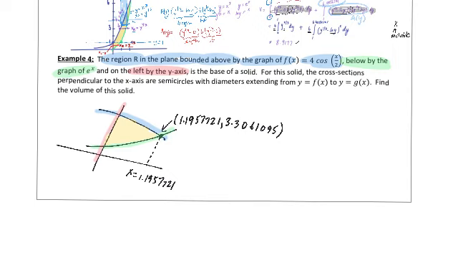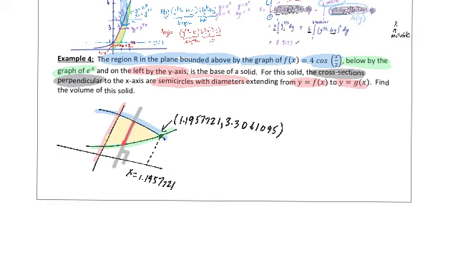For this solid, the cross sections perpendicular to the x-axis, right? So my cross sections are going this way, perpendicular to the x-axis, are semicircles with diameters extending from f of x to g of x, right? So that means that I'm putting up semicircles like this.